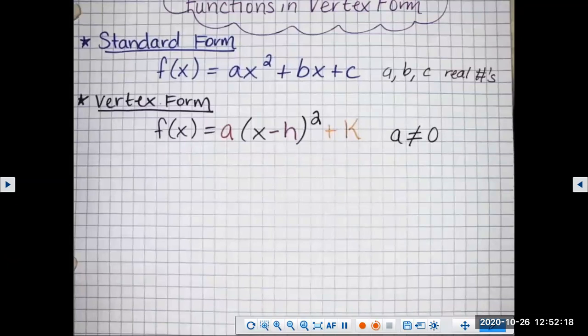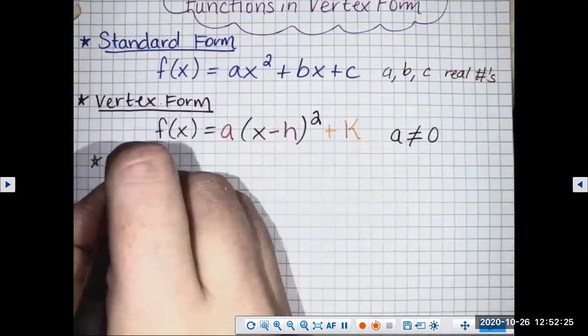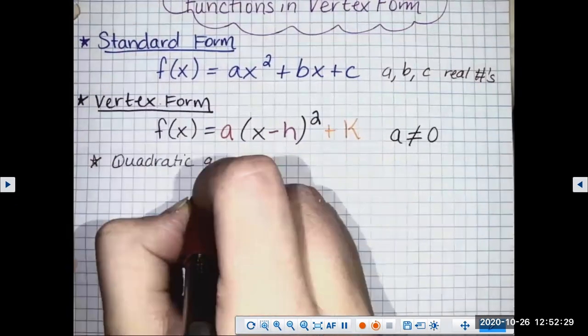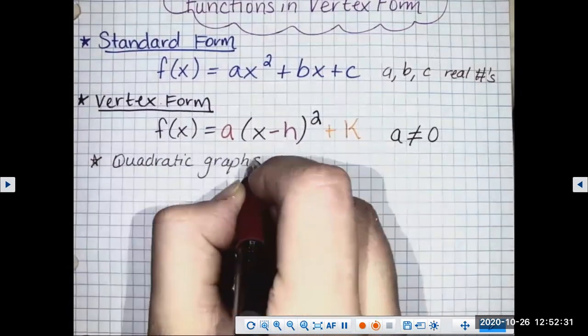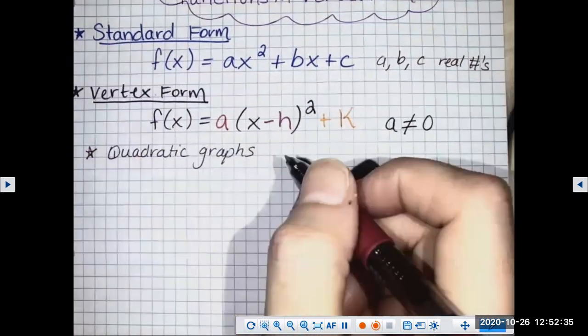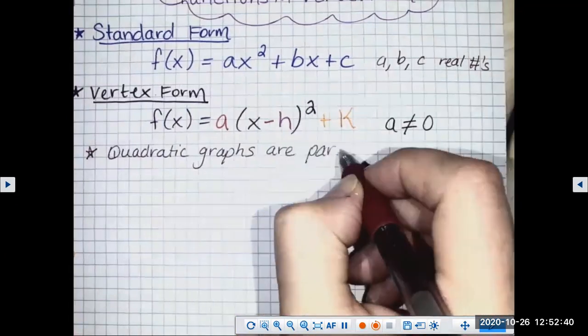All right, I already told you, and maybe you've seen this in Algebra 1, quadratic graphs look like what? Or in the shape of what? Or in the shape of U's.